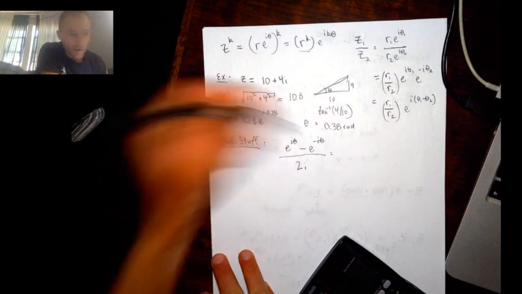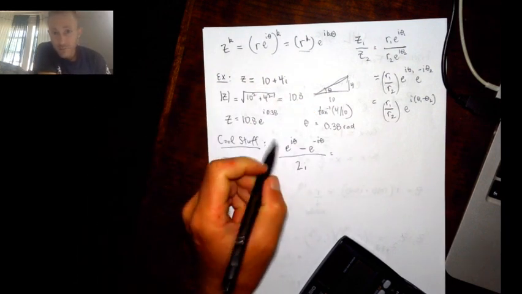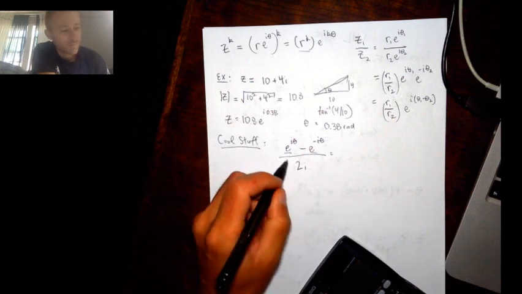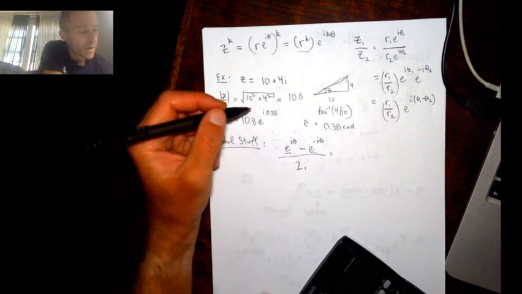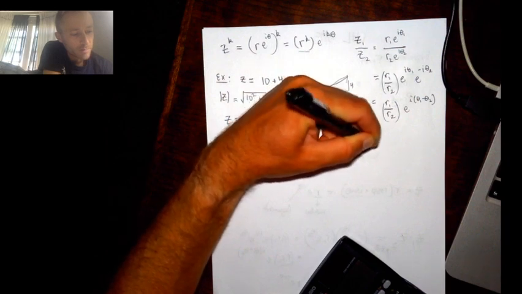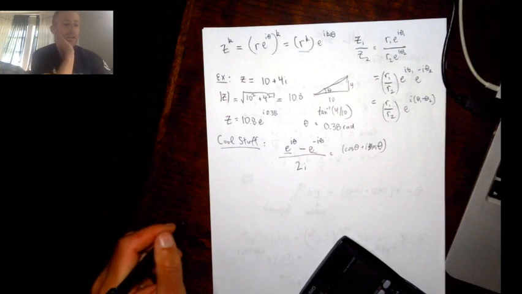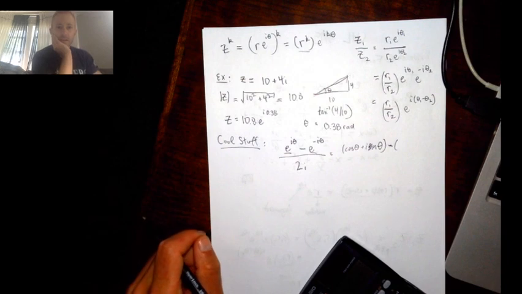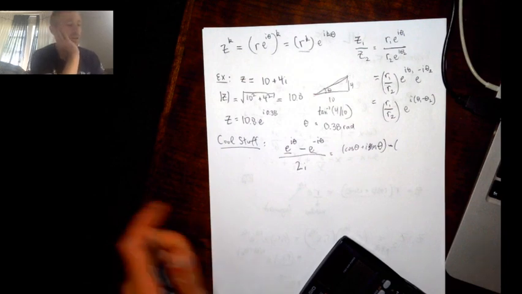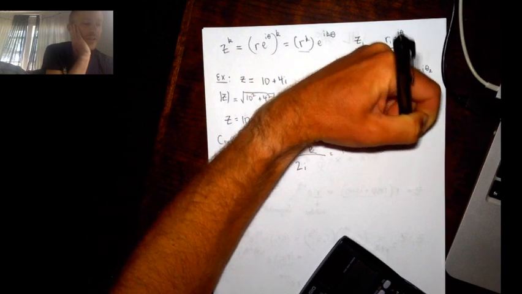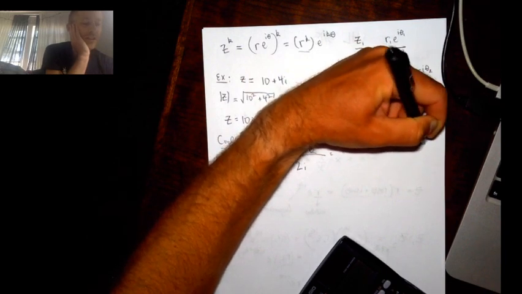So I'm going to use Euler's theorem twice, here and here. If I use it in the first term, I would get cosine of theta plus i sine of theta. Then I have minus cosine of negative theta plus i sine of negative theta.